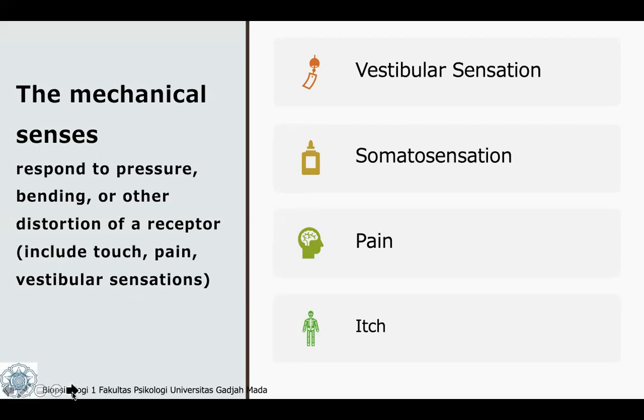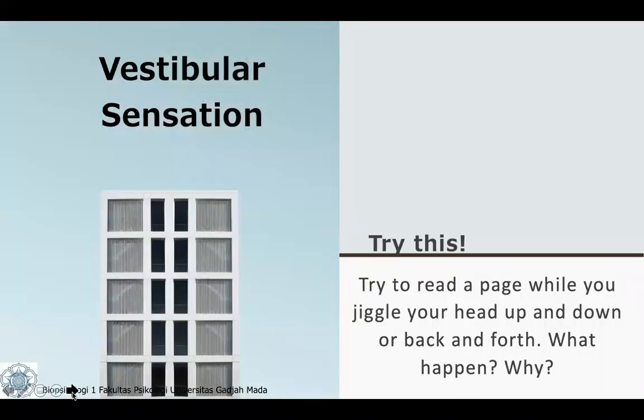All right, so first we will be talking about the vestibular sensation. In order to understand what it is, try this: read a page of a book while you jiggle your head up and down or back and forth. What happened then?